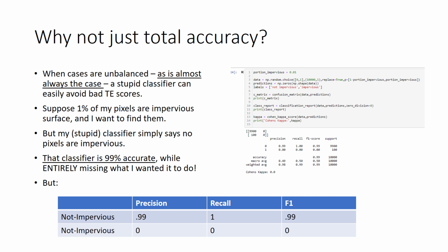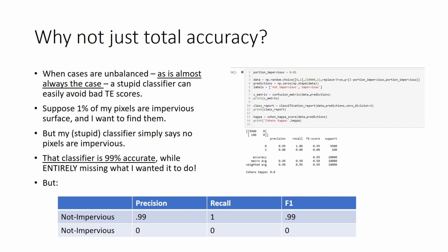And if all my classifier ever does is say, nope, not impervious, nope, not impervious, and yet that's true 99% of the time because my underlying phenomenon is only present in 1% of cases, I don't want to count that as a good model. I don't want to count that as a good algorithm, right? So this is where precision and recall really help us discriminate in a way that total accuracy does not.